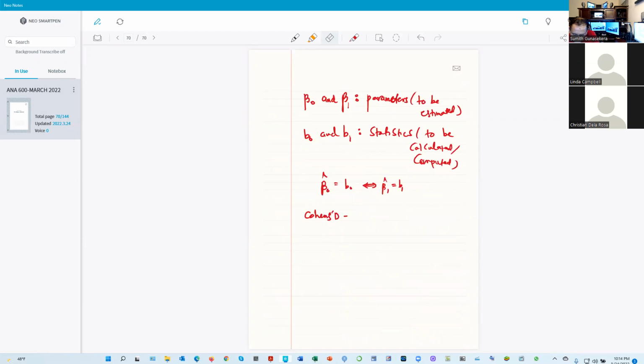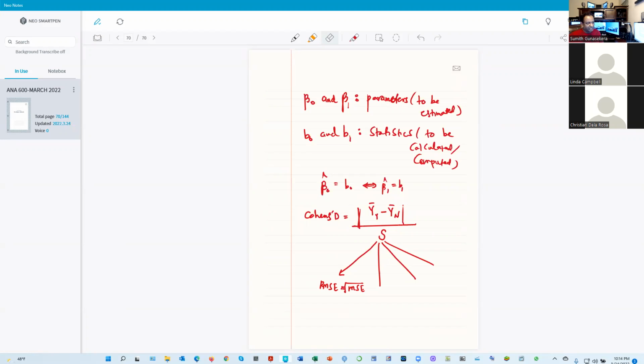Cohen's d is Y bar yes people minus Y bar no, divided by S. You pick a different S based on the situation. I told you the root mean squared error would be the best one, which is the square root of the mean squared error. There are some other methods too, which we have already elaborated.